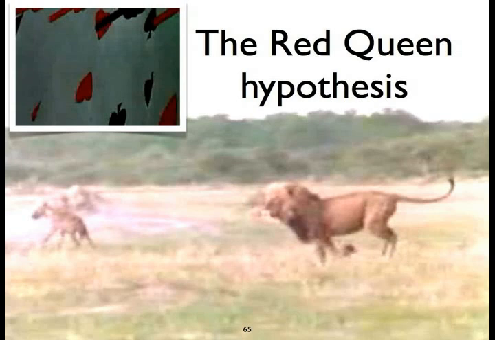Now, we'll be getting to this more and more as we get into the class, but one of the things that is really interesting about adaptation and evolution as you get further into things is that there are a lot of questions that can't really be that easily answered. And when you're looking at something like bipedality, there's a lot of different hypotheses for how bipedality might have come about.